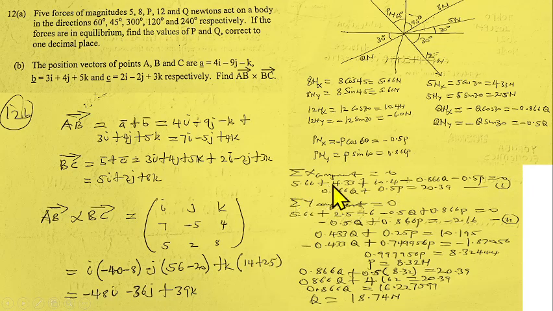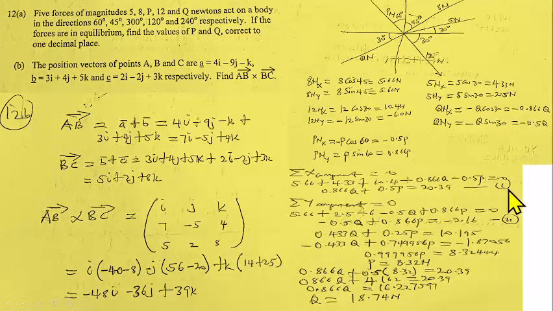If you sum these three together, you'll have 20.39. Taking them to the other side, you'll have minus 0.866Q minus 0.5P equals minus 20.39. You can multiply through by minus, that means you change to 0.866Q plus 0.5P equals 20.39.